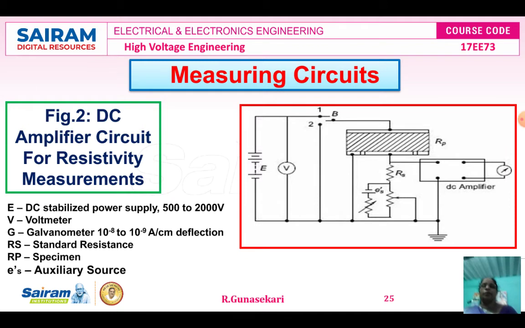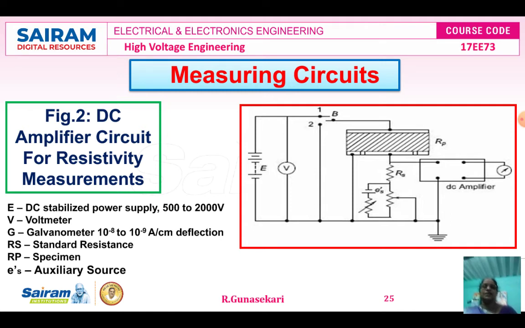Then the second type of measuring circuit. This circuit represents the DC amplifier circuit which is used for resistivity measurements. This measuring circuit consists of a DC stabilized power supply, capital E, with a range of 500 to 2000 volt. V is the voltmeter. G is the galvanometer, with a sensitivity range of 10 to the power minus 8 to 10 to the power minus 9 ampere per centimeter deflection.